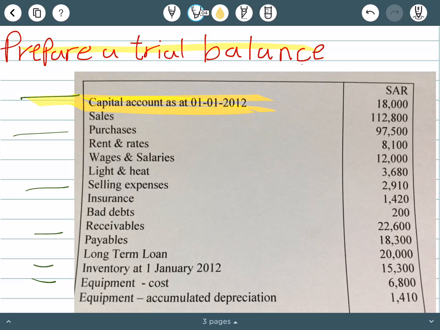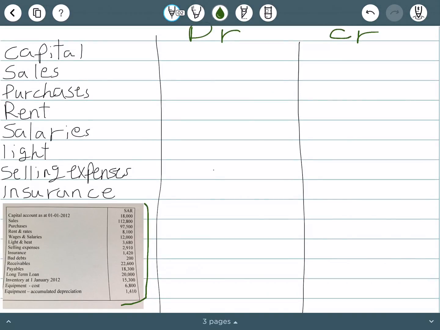If you didn't see my previous video about debit and credit, I will link it down below so you can check it out and know what an equity and an asset are. So a capital is an equity, so it's a credit, right?